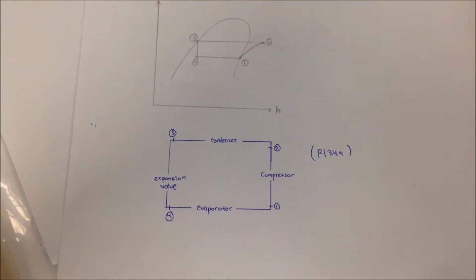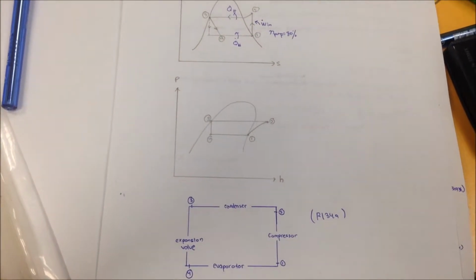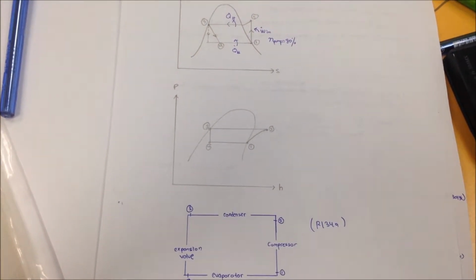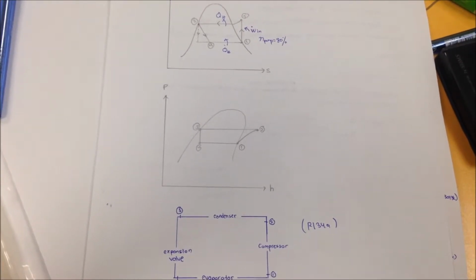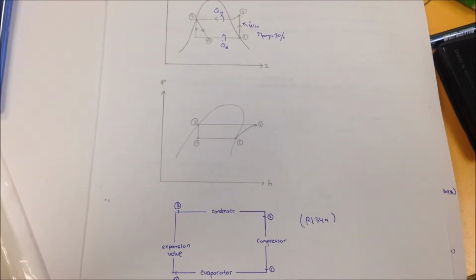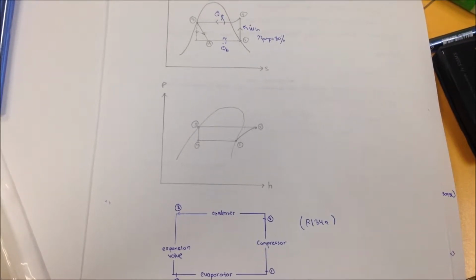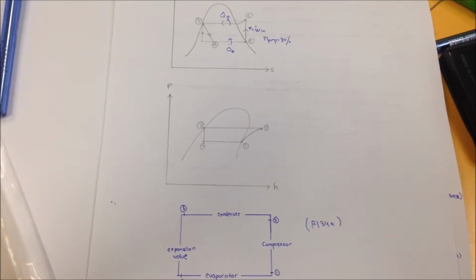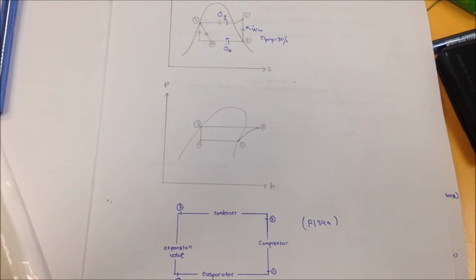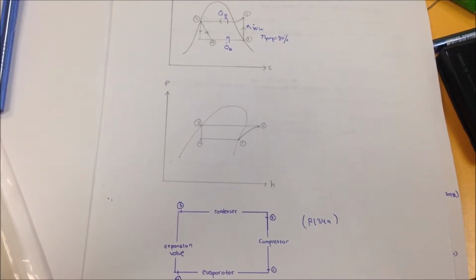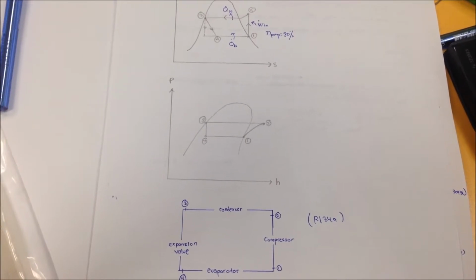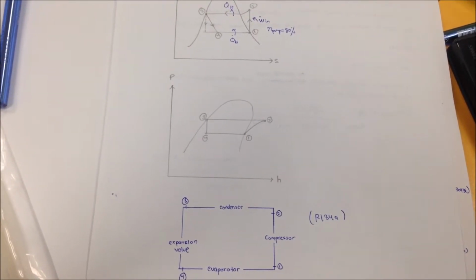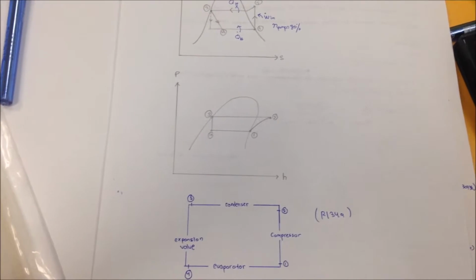Between 1 to 2, there is a compressor, so there is work done by the compressor. At the condenser, energy is released into the environment, and at the evaporator, energy is taken from the refrigerated space into the refrigerant to be processed.